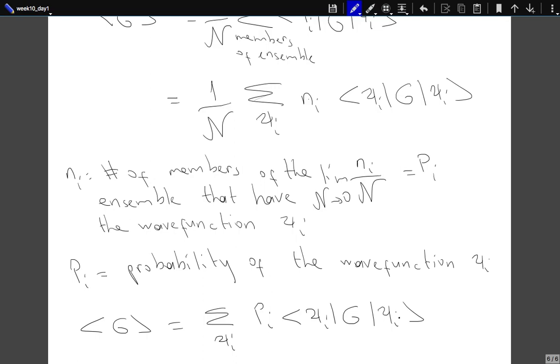So here we basically have two kinds of averaging. One is the quantum mechanical averaging, that matrix element. The second one is the ensemble averaging, which is the classical probability averaging.